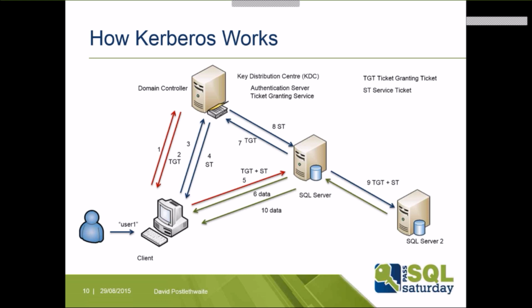As you can see, Kerberos doesn't depend on the original user's password for authentication. The only time the original password is used is when the user logs in and authenticates to his authentication server. After that point, authentication to other servers is based on the user possessing a service ticket for that server. For the SQL Server to authenticate to the second server, all it needs is the client's TGT and ST.